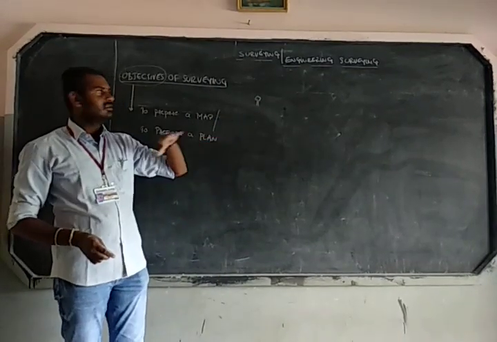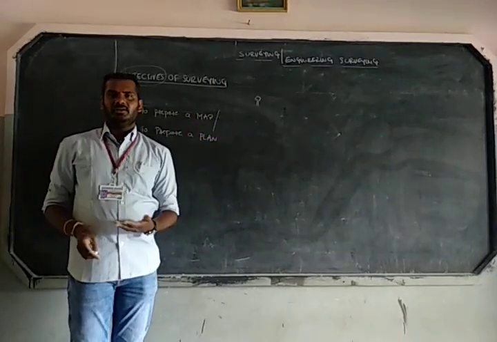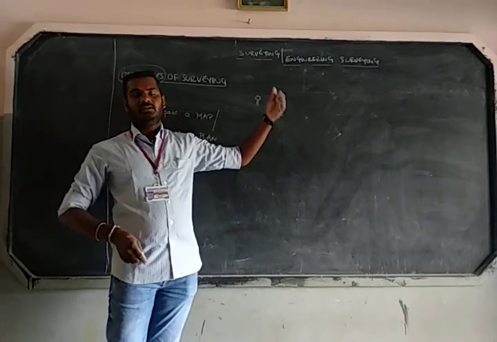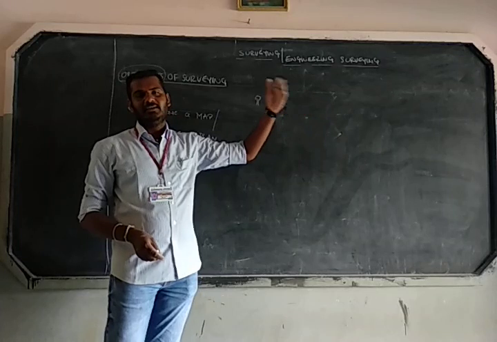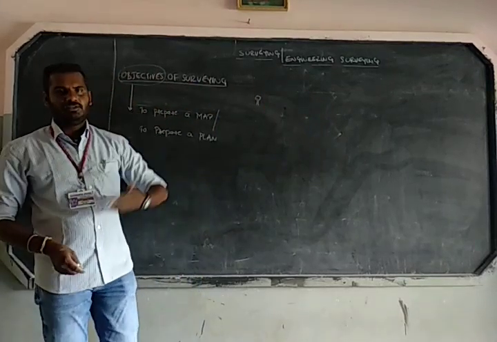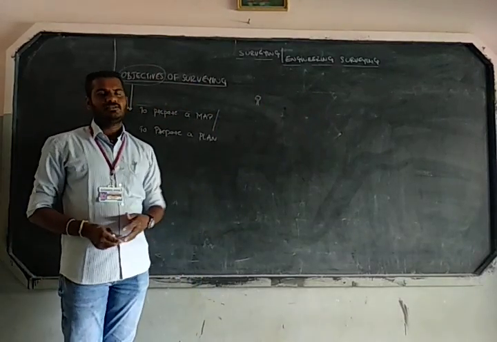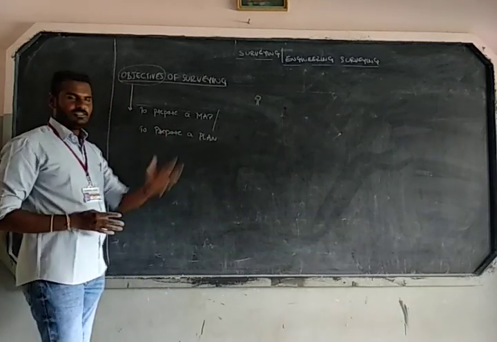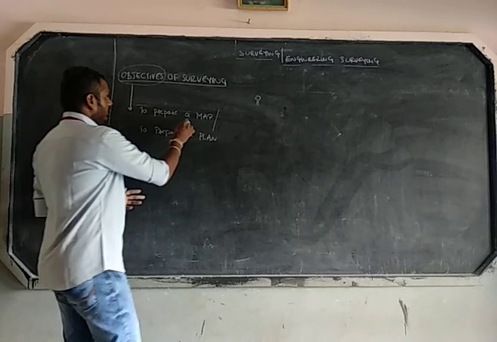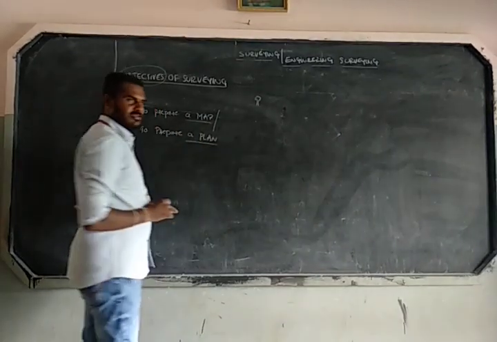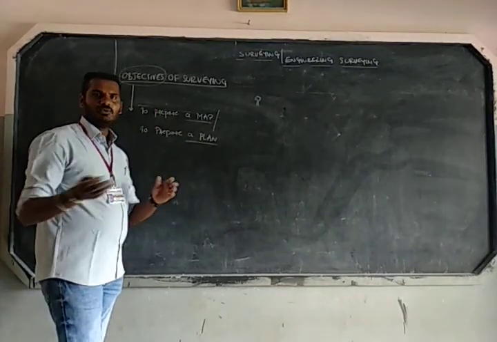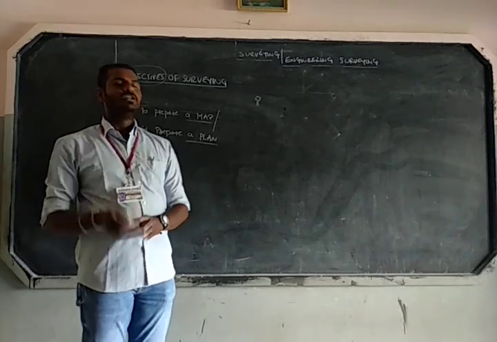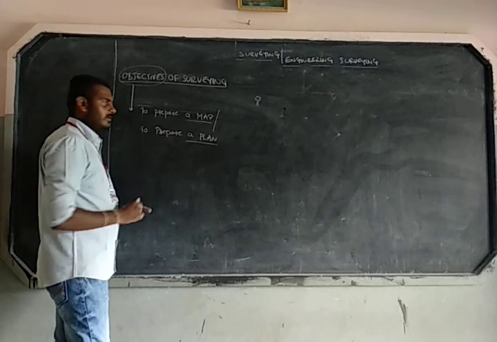Some part may be built-up area, means construction areas, and some with parks or industrial areas. Because of Google Map we can travel from one place to another when we are new to that area. This can only be achieved by surveying.